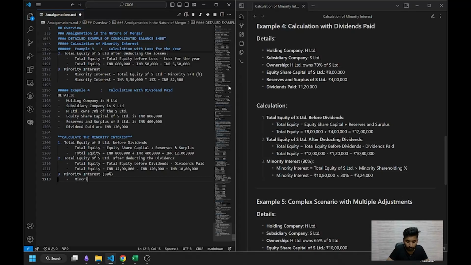Here, the minority interest is equal to total equity of S Limited multiplied by minority shareholding percentage.